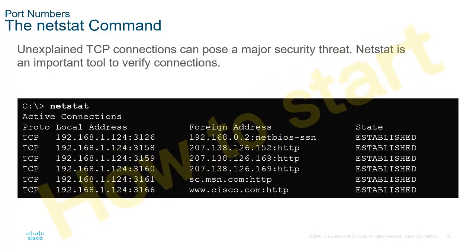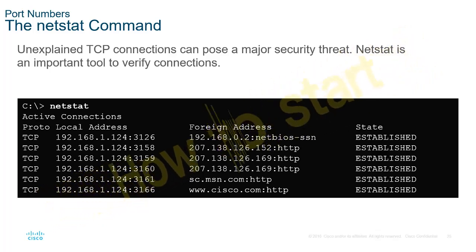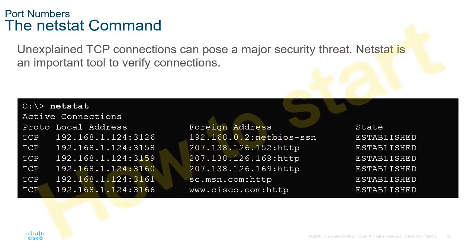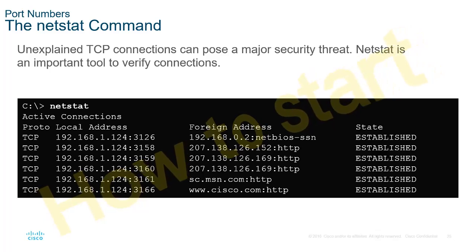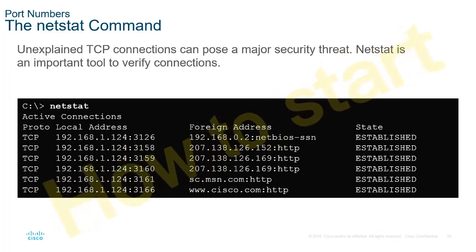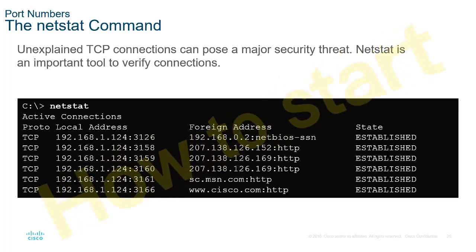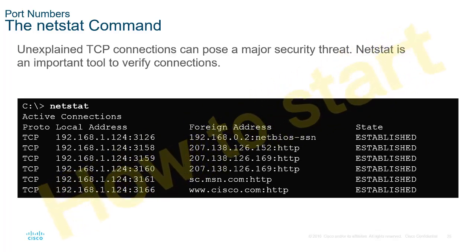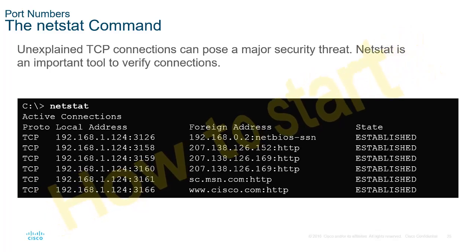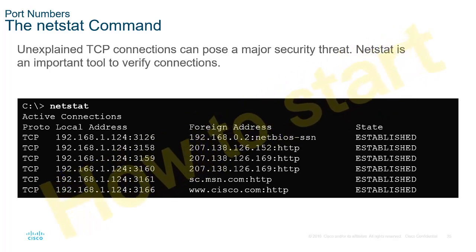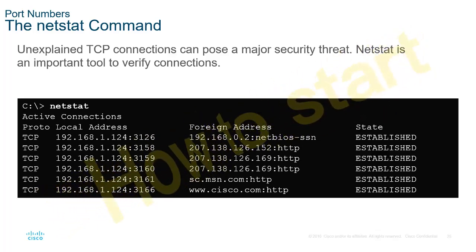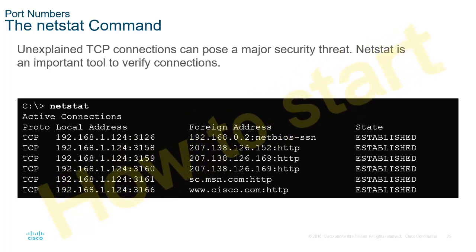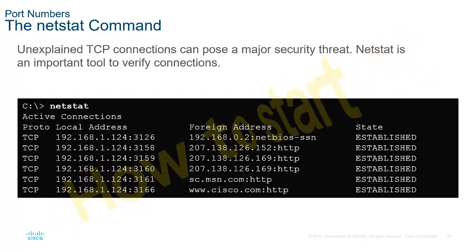We can run a netstat command on an end device at a command terminal, and that will tell you the local and foreign address and the state. You can actually use switches with this netstat command to see what port numbers they're communicating on if you wish. Again, outside the scope of this video, but you can.